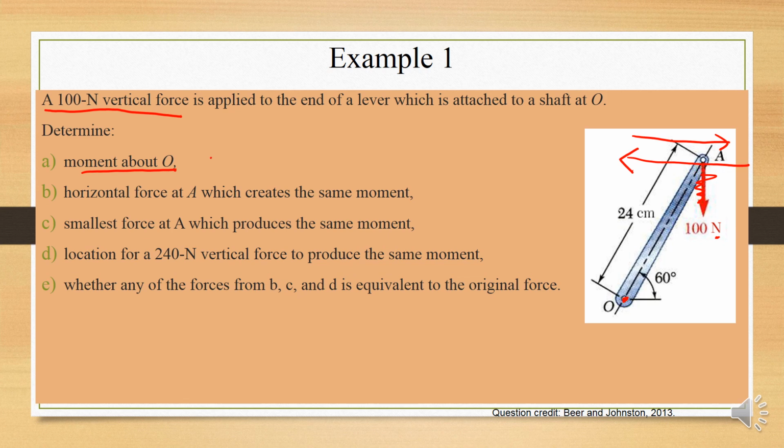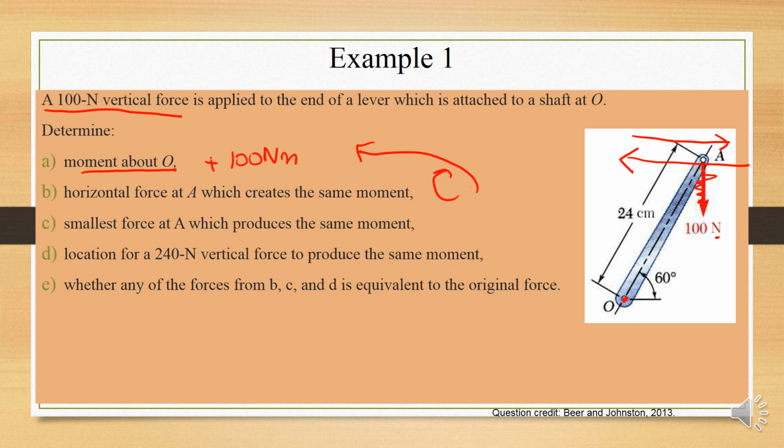For example, if at A you get a moment value of maybe 100 Newton meter and positive moment, you also expect to get the same value of moment at B, and the same direction. If it's positive, it is anti-clockwise.